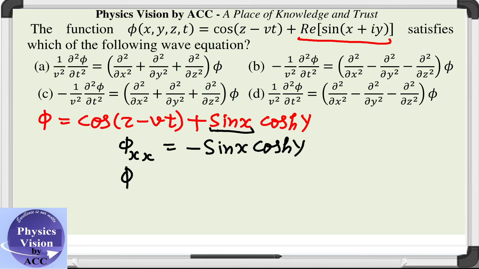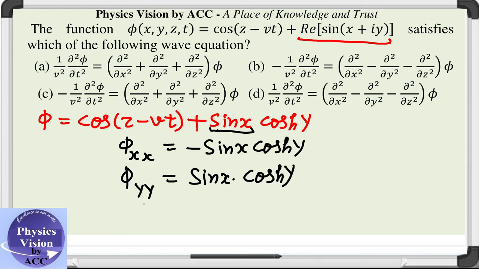Next is the derivative with respect to y, which gives us the derivative of cosh y as sinh y, and the derivative of sinh y is cosh y. So we got the absolutely same value with the same sign here.